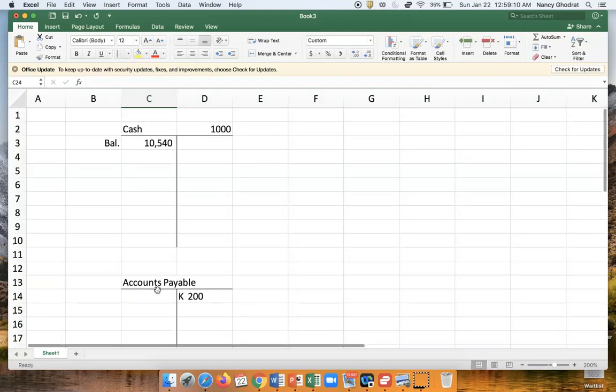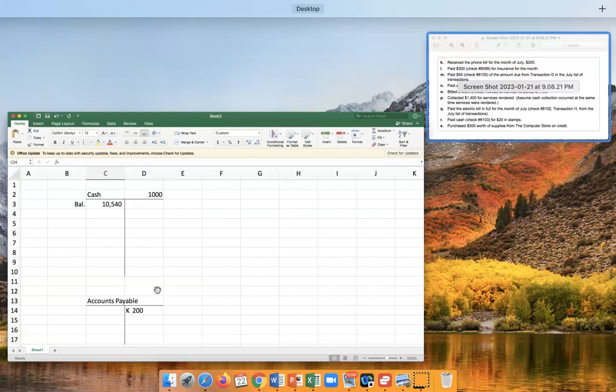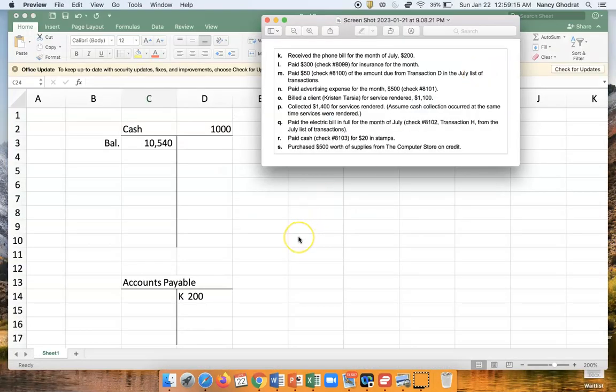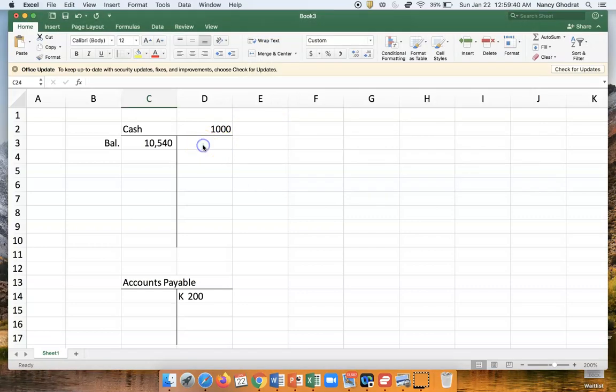So for every transaction that we analyze, we're going to show the effect of it on the expanded accounting equation, and then decide how to increase and decrease that account by referring to the rules of debit and credit. For example, transaction L says paid. Paid always means cash decreases. So we decrease assets, cash being an asset, by a credit.